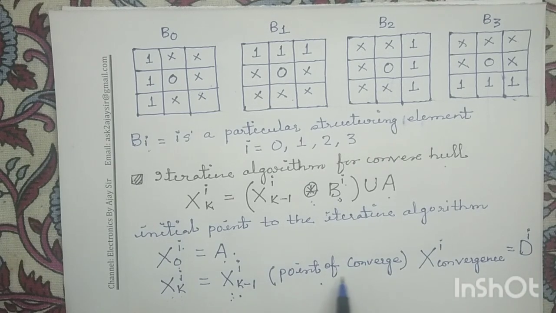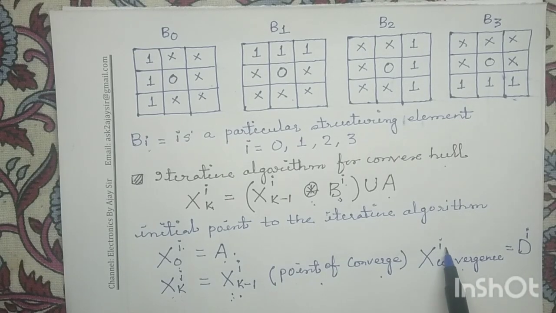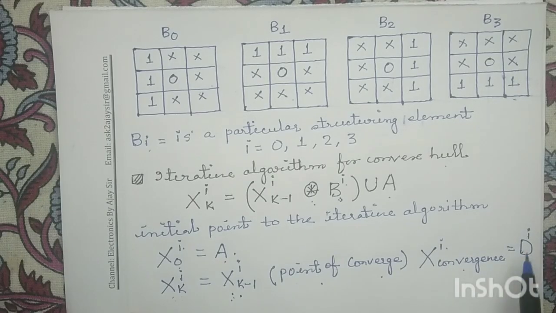At the point of convergence, X_k^i is considered our convergence result for this ith structuring element, and we represent it with Di.